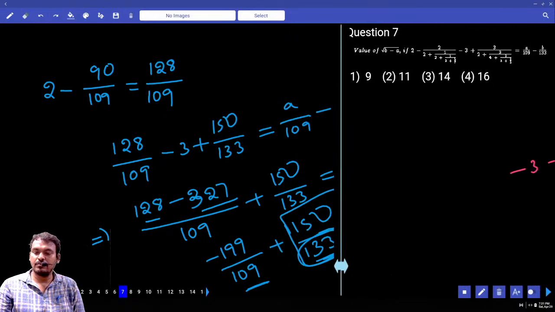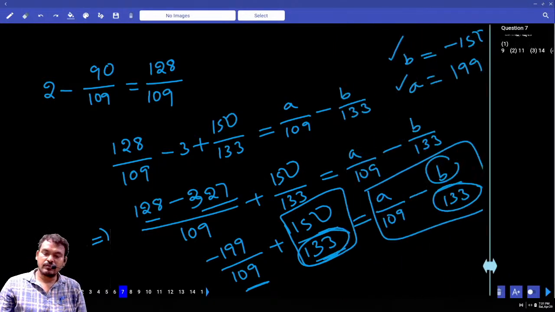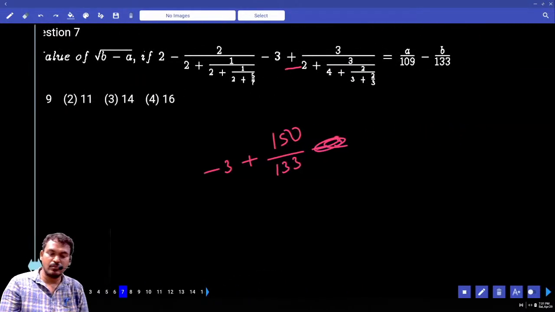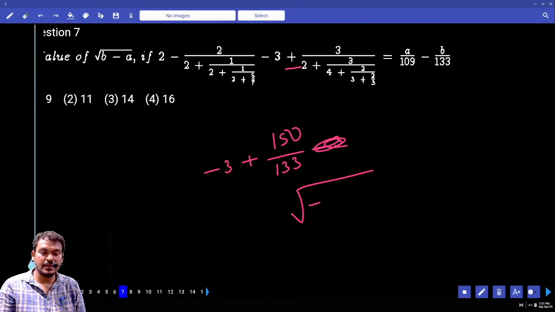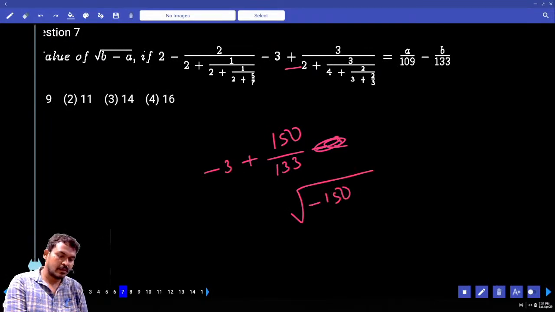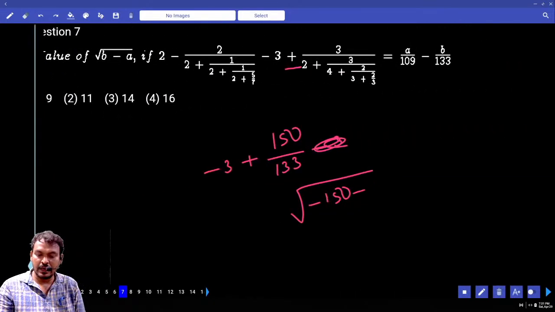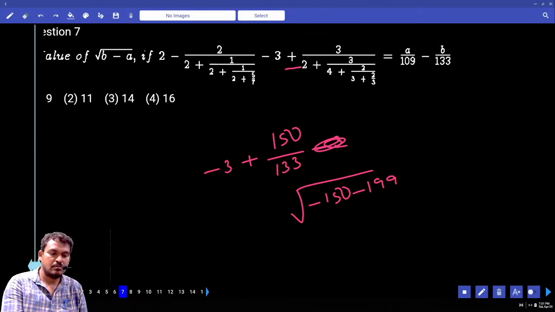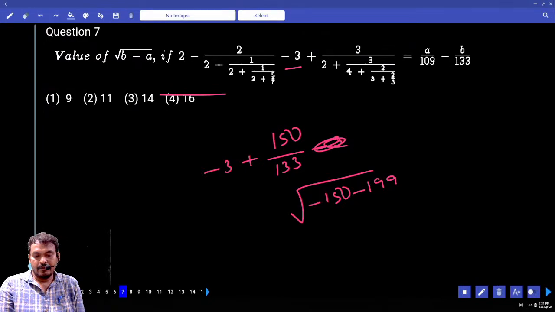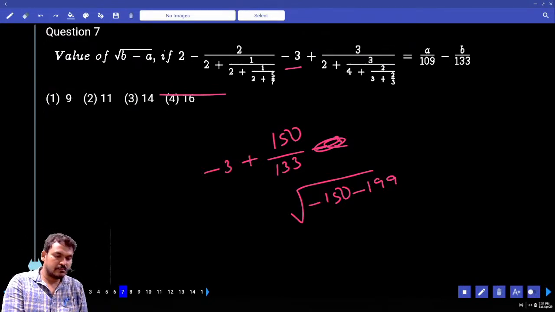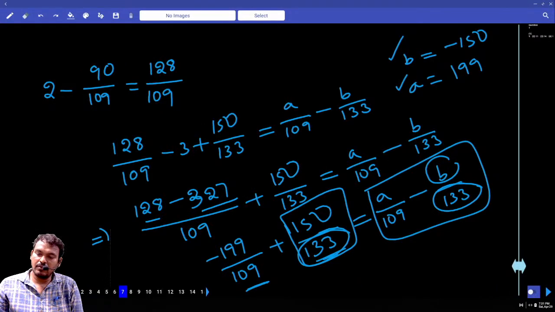Square root of B minus A. Square root of minus 150, A means 199. I think the A value also could be negative or positive.